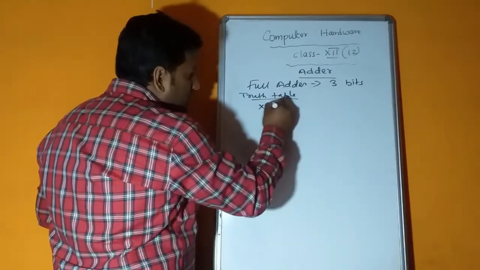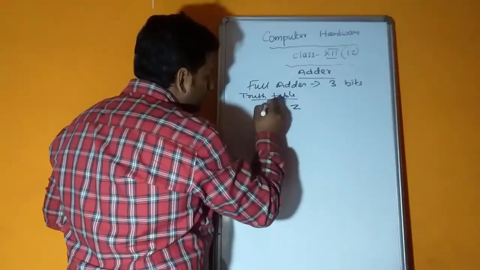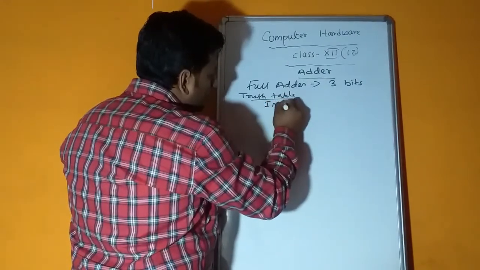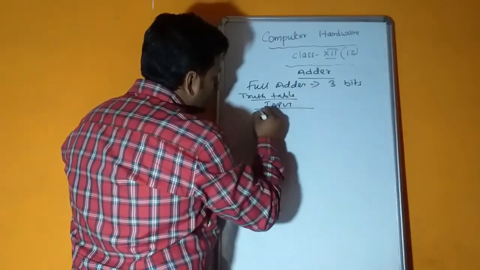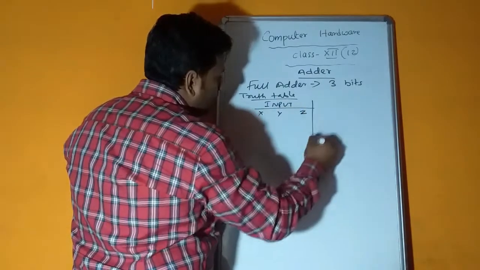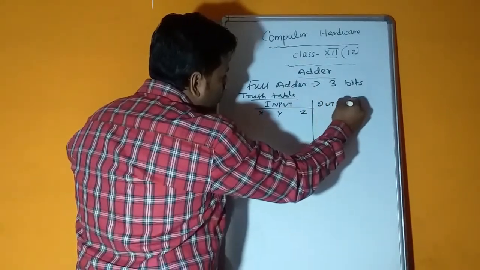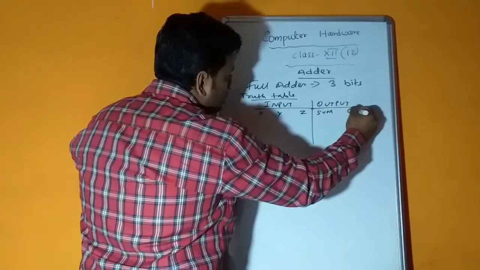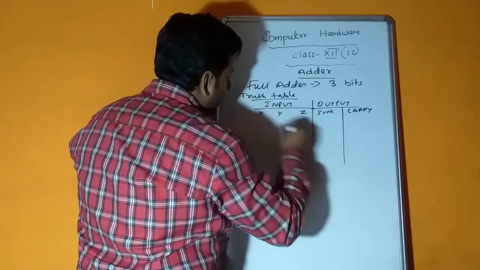If you take again x, y, z as input, so input let us take as x, y and z, and output we'll take as sum as well as carry.